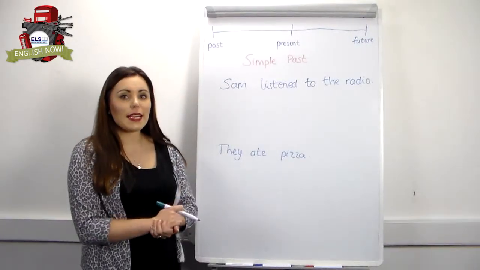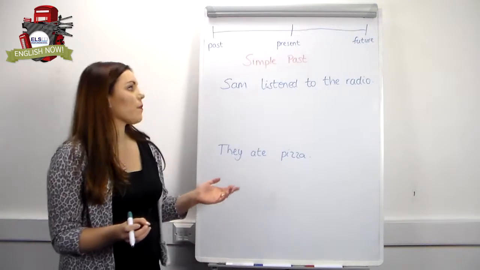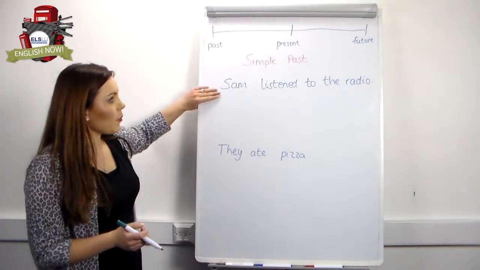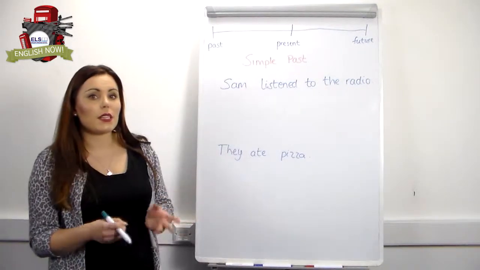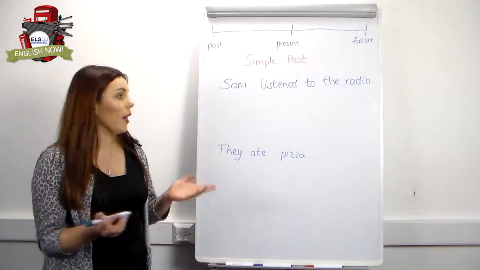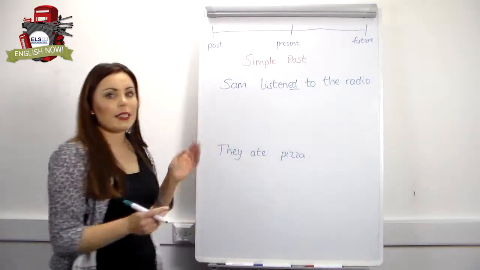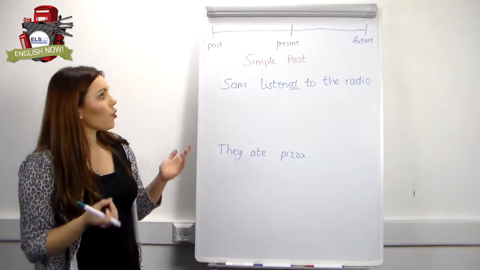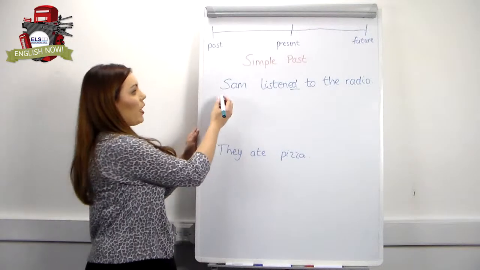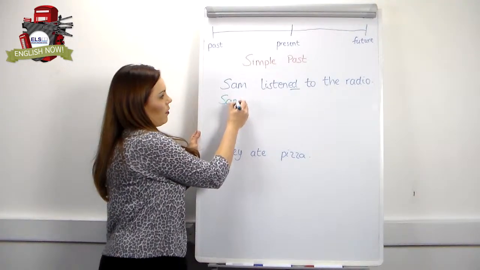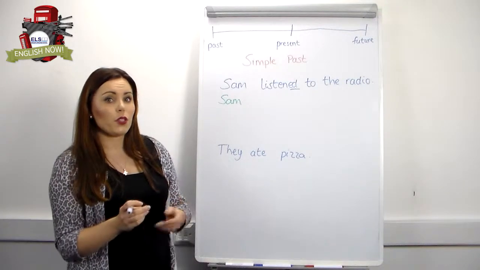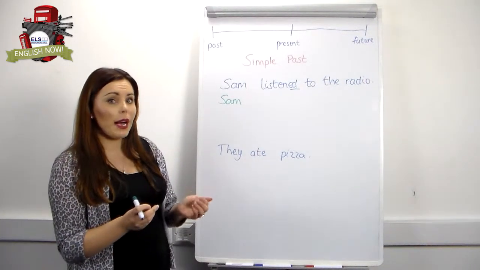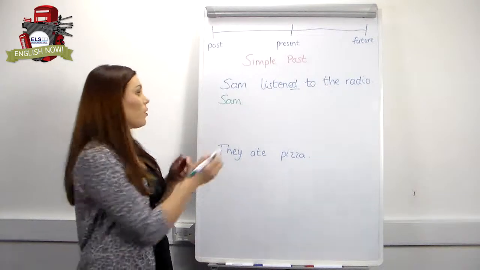Let's have a look at the negative and question sentences. Our example here, Sam listened to the radio, is a statement in the simple past. How do we know? Because the verb ends in ed. To change it into a negative, the subject stays the same, Sam. And like in our present simple, where we use do not, we use the past of do not, which is did not.